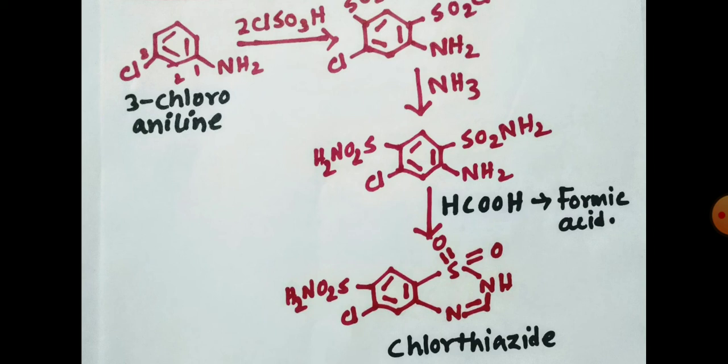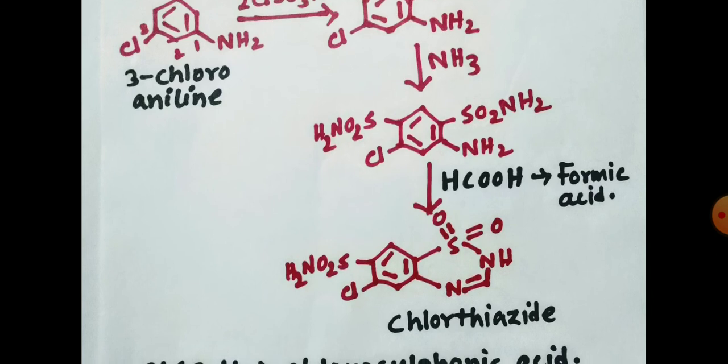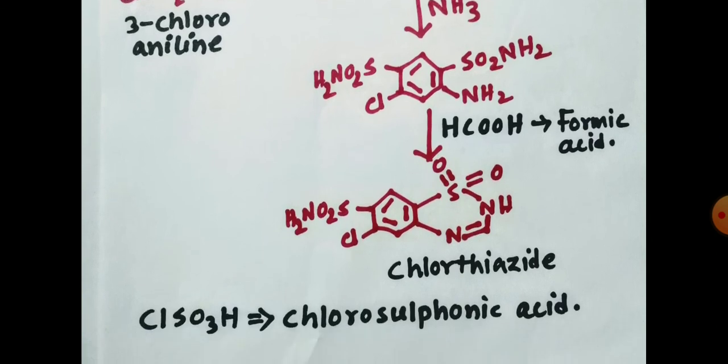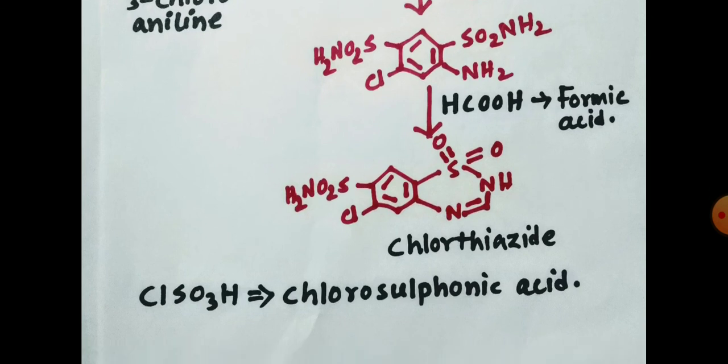HCOOH is formic acid. When it is given to this intermediate compound, it will form a ring and form chlorothiazide. ClSO3H is chlorosulfonic acid.